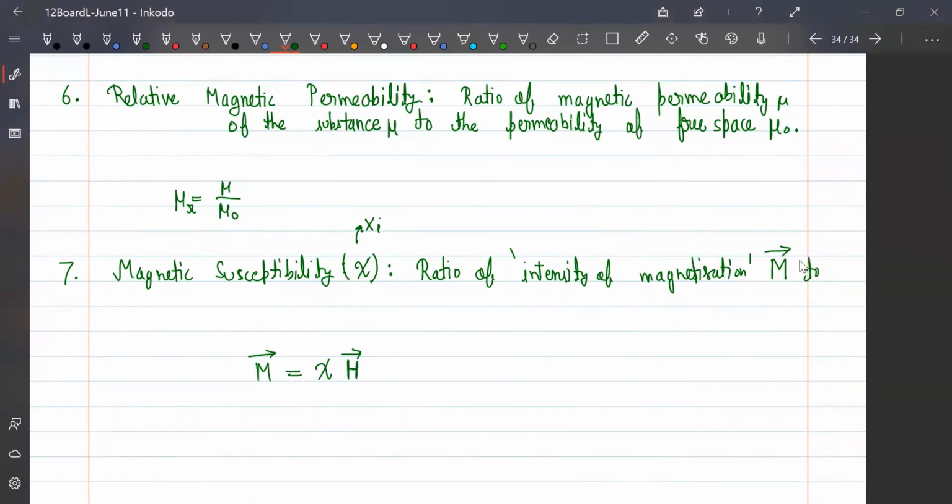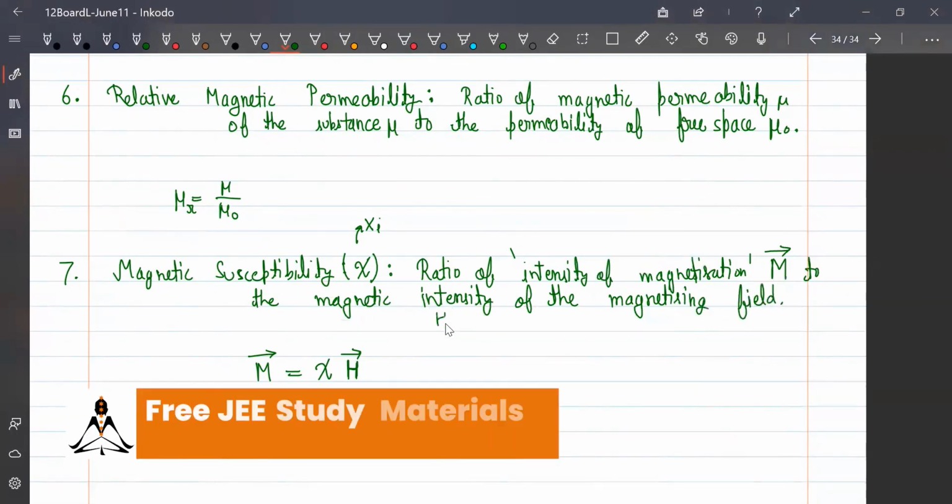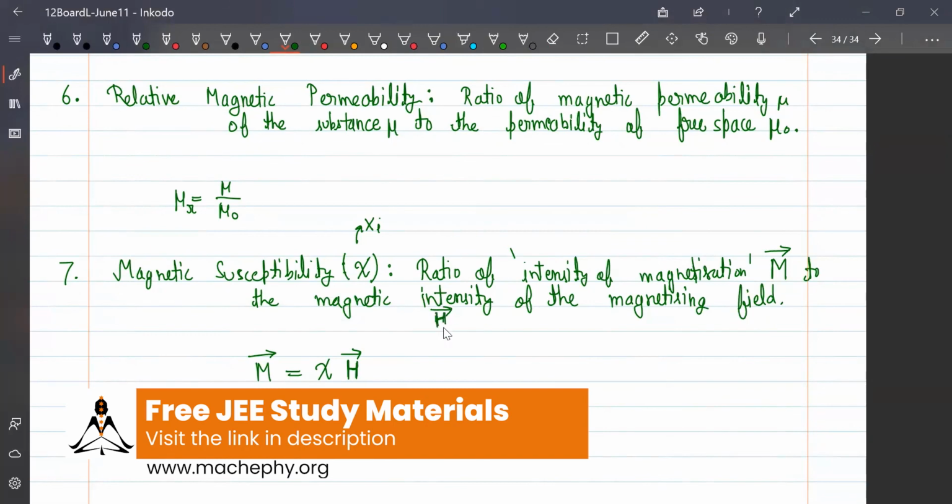to the magnetic intensity of the magnetizing field. So magnetic intensity is your H vector.